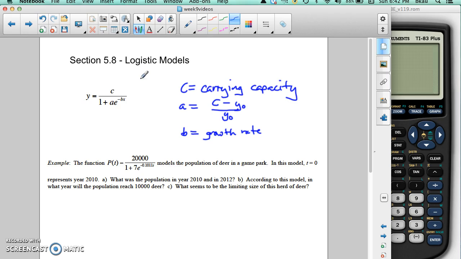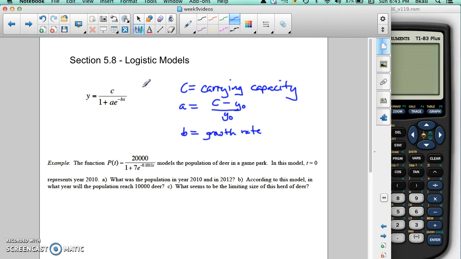An example of this would be if you were populating a state, that means you have a restricted amount of area and resources. Then your carrying capacity, or C, is the maximum population that can occur on that part of the state.